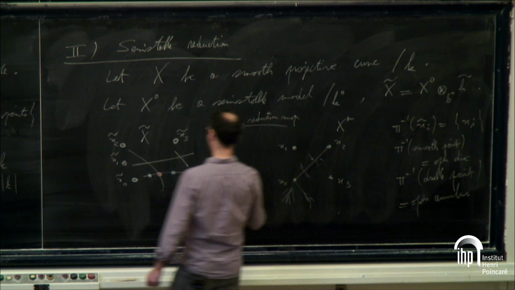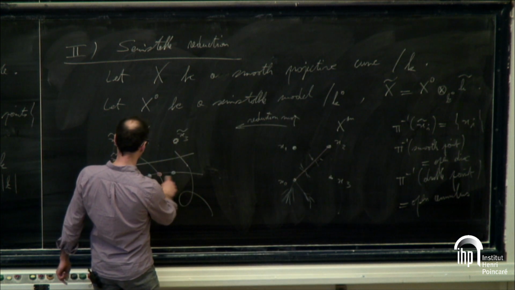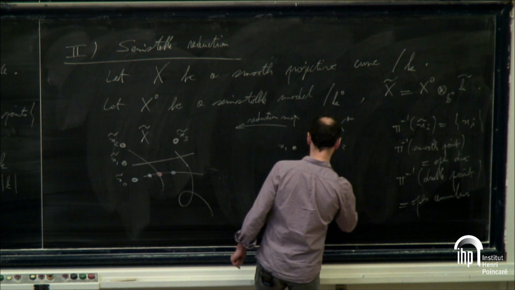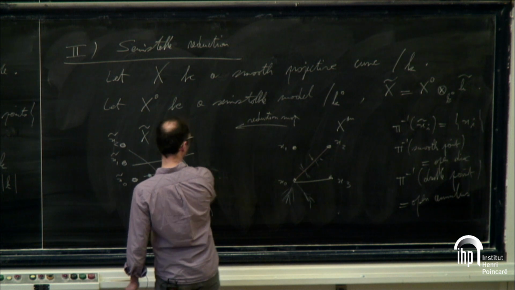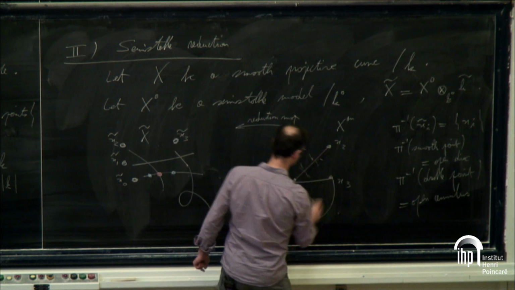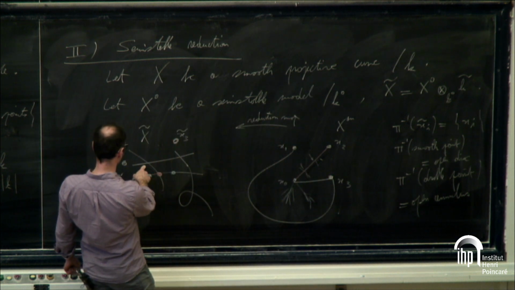If you want the picture to be complete, you should add a point, say this one that's between 3 and 0, here. A point between 3 and 1, here. Also some kind of annulus. A point between 1 and 2.